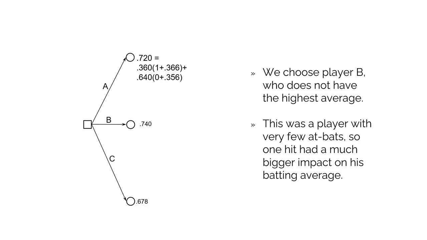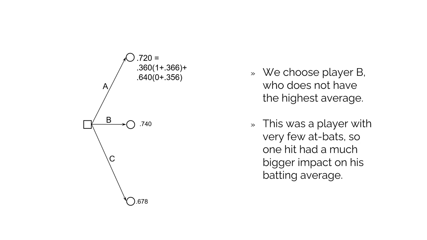In the subsequent at bat, the expected number of hits that this batter will get is 0.366, which is his batting average. If he doesn't get a hit, he gets 0 hits, that's the 0, and his subsequent batting average drops to 0.356. So we take 0.36, the probability he gets a hit, plus 0.64 times 0 plus 0.356, and it all comes up to 0.720. That 0.720 is the expected number of hits over this and the subsequent at bat. Same thing for the other players.